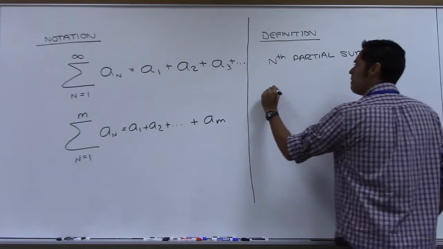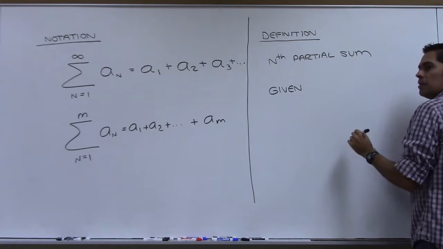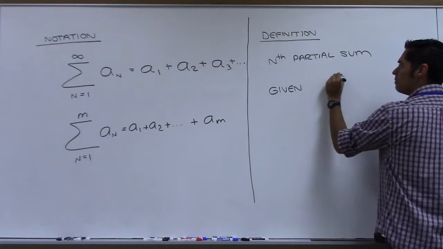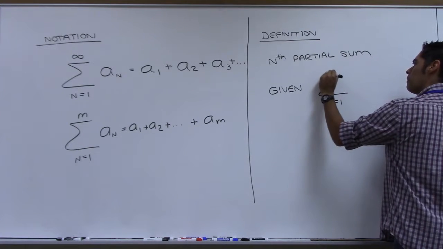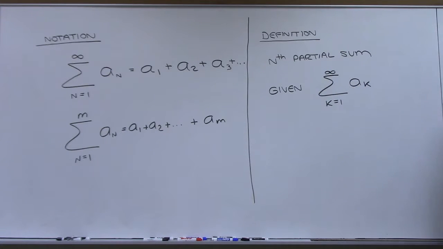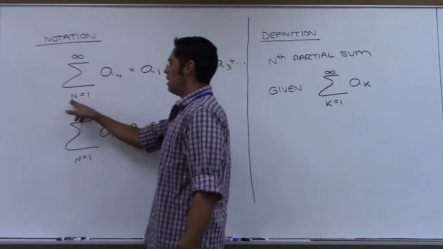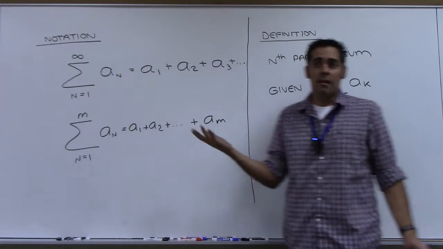So given some infinite series, so I did something to you there. What did I do? I changed the letter, right? Instead of using n equals 1 to infinity, I used k equals 1 to infinity. Okay, and I'm free to do that.